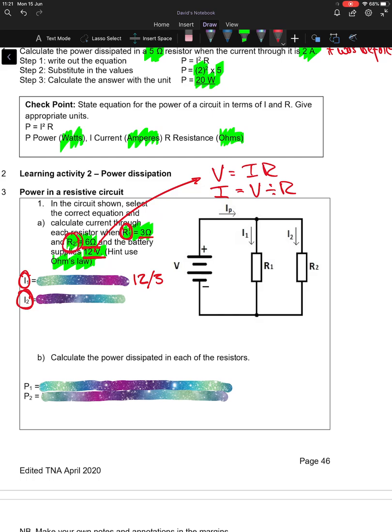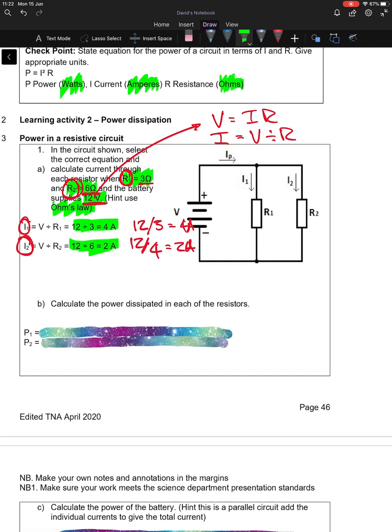Whereas for I2, our resistance is 6, because our second resistor has a resistance of 6, whereas our potential difference is still 12, so 12 divided by 6 would give us 2 amps, as you'll see. Those match up.